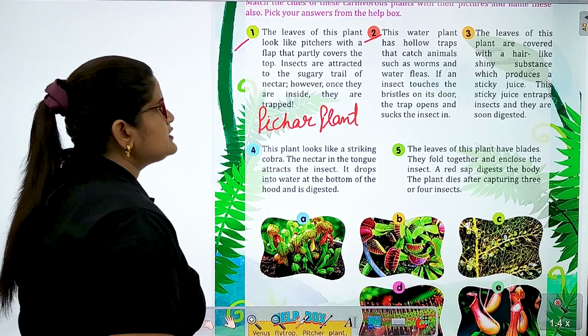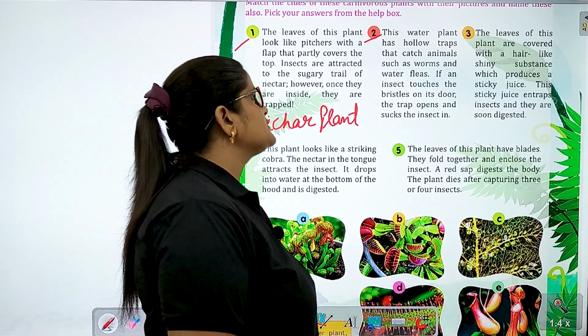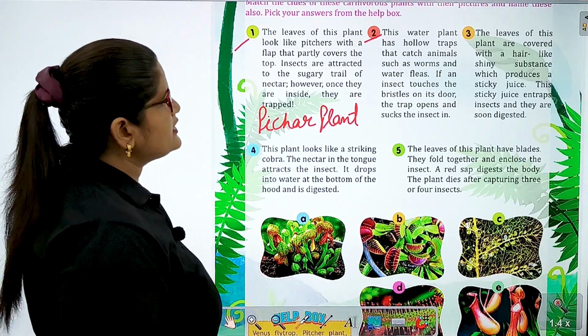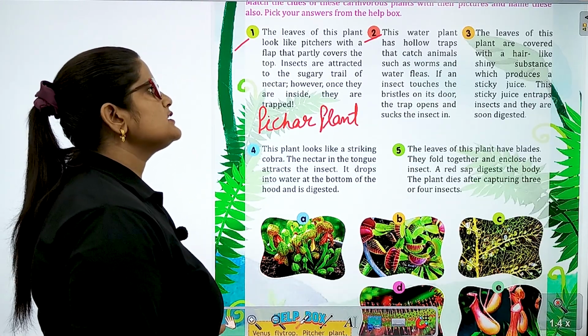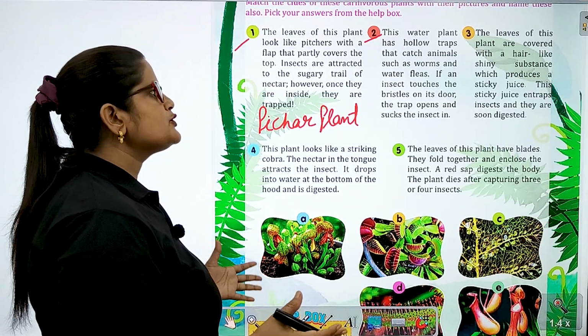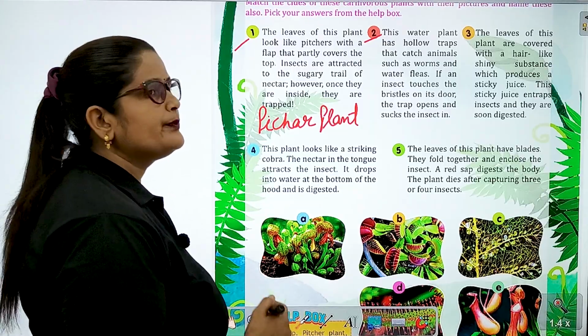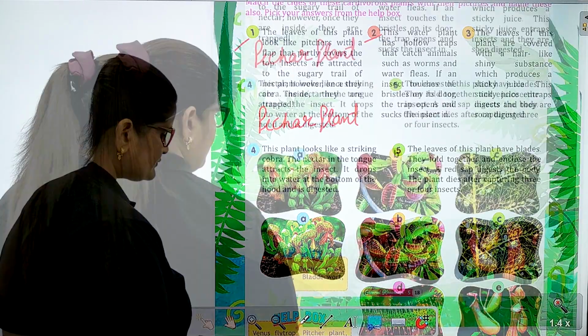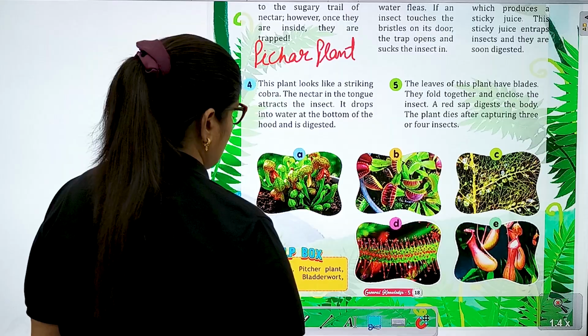Number 2, this water plant has hollow traps that catch animals such as worms and water fleas. If an insect touches the bristle on its door, the trap opens and sucks the insect in. So it is bladderwort.